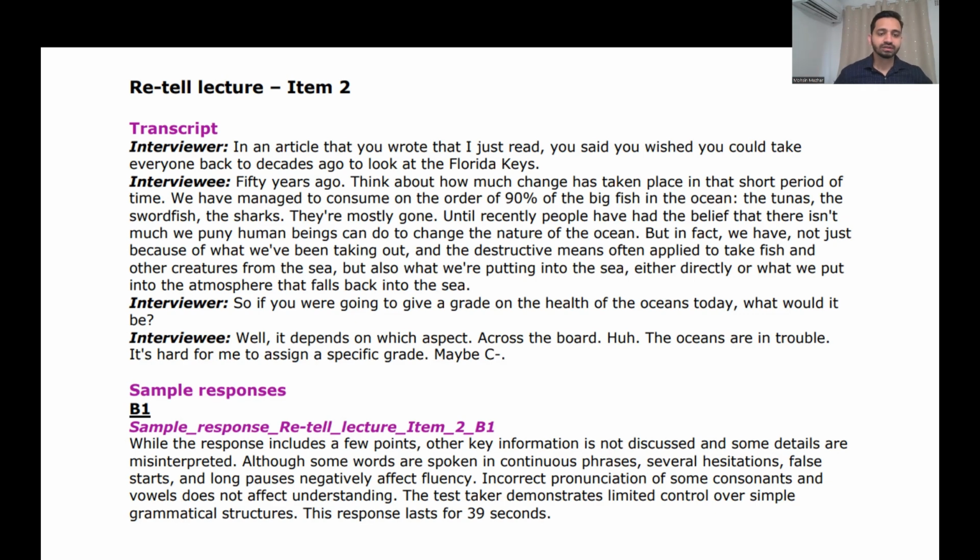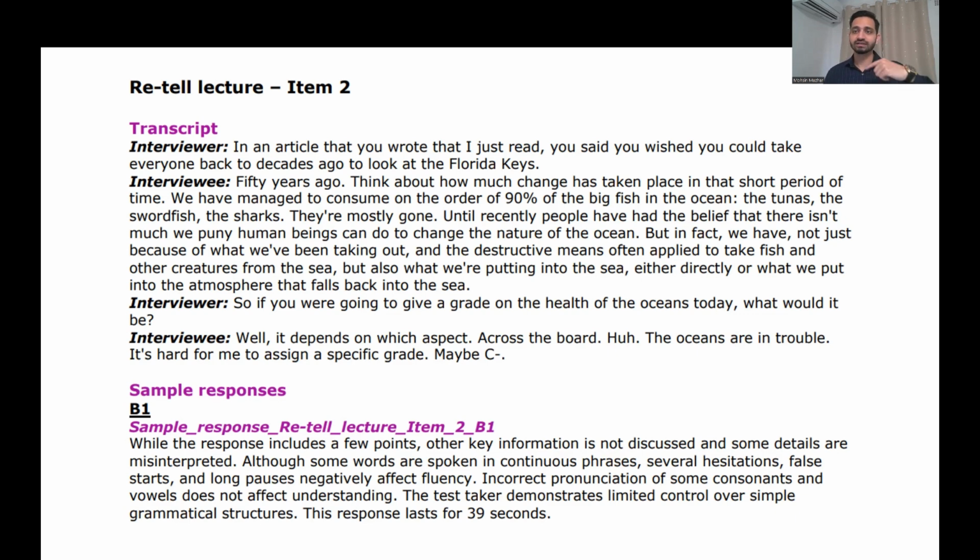All right, B1. While the response includes a few points, other key information is not discussed and some details are misinterpreted. Misinterpretation is also crucial for you to understand. If you're going to misinterpret and miscommunicate something, you're going to lose marks, okay? So it's counting your misinterpretations as well.